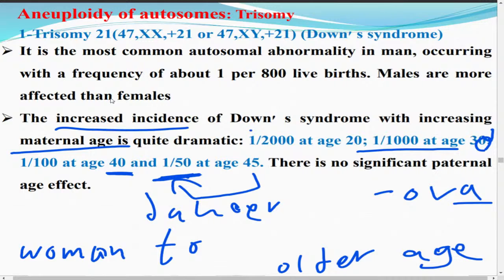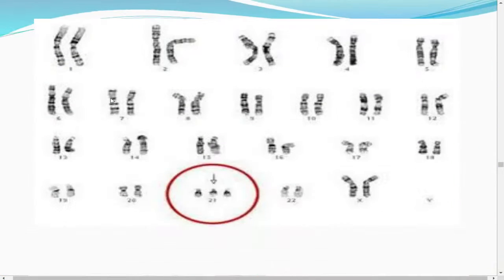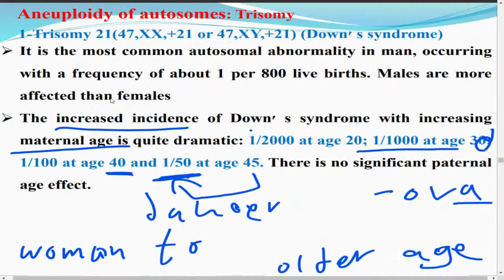That's why it's called trisomy 21, because an additional chromosome will be added to the 21st pair of autosomal chromosomes of the human. This one's called the Down syndrome. Trisomy.